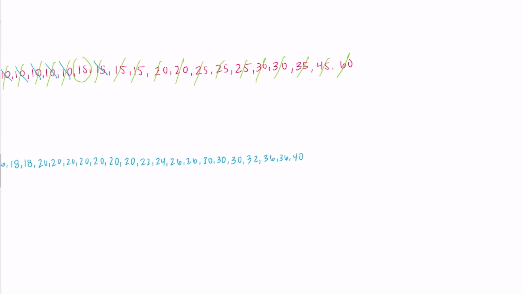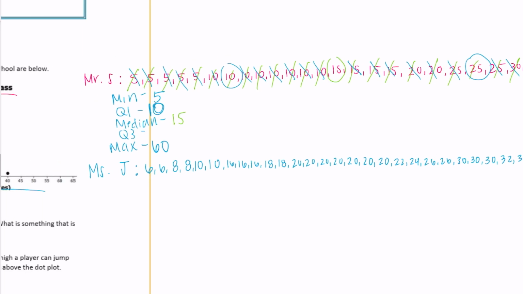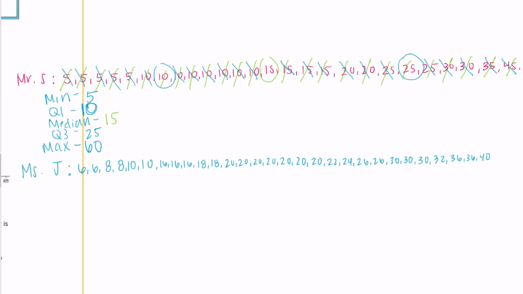So 1, 2, 3, just finding the middle number here, which is 25. So now we have all the numbers we need to make our box plot.